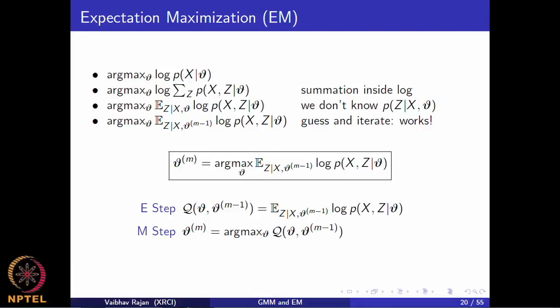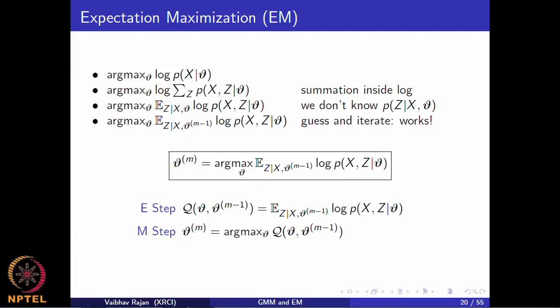So we decide to not compute the maximum likelihood in this way, but instead maximize the expectation of the log likelihood of the complete data, under the distribution of z. But we do not know the real distribution of z because we do not know the parameters.